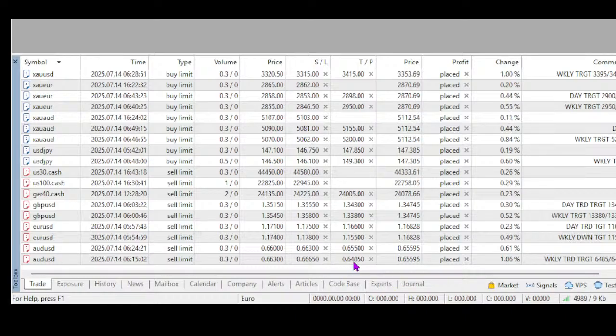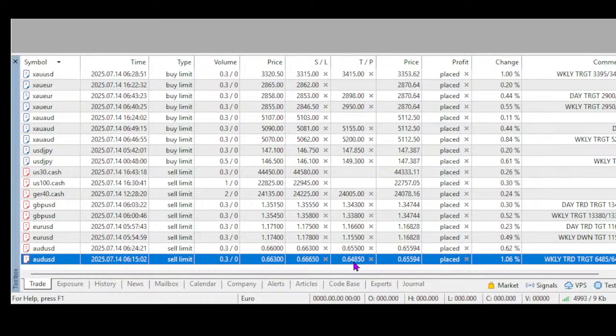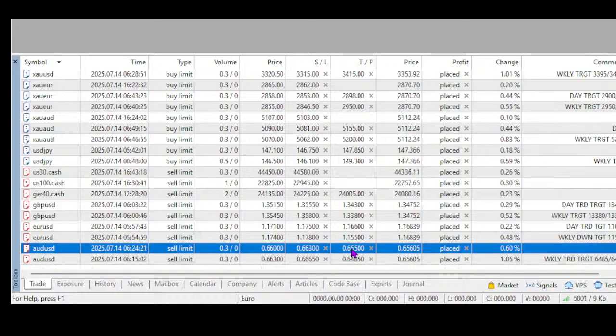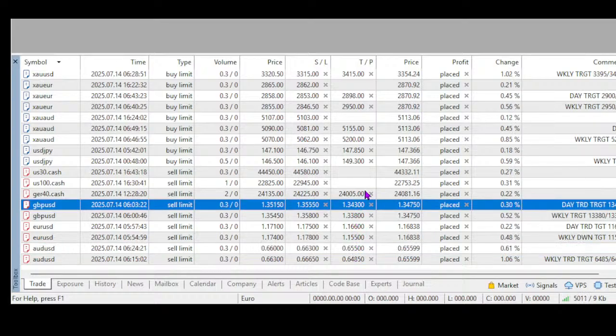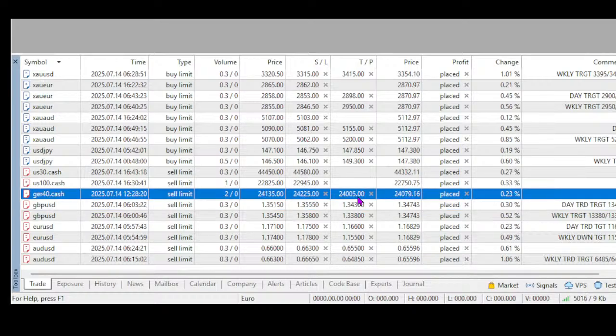Okay, weekly trade Aussie, no change. This is a daily trade, no change, let it work. Weekly, daily, all this let it work. Then we have a German DAX, which we are trying to go for a sell.